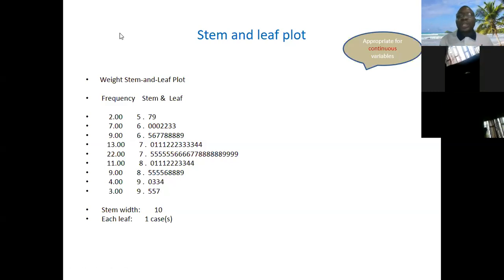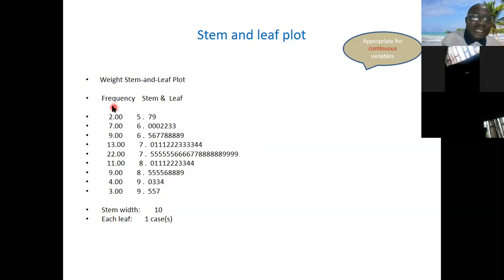So for this one now, let me show this notation. You see it arranged. I said that it's the same thing as the histogram, it's only that this one is tilted sideways. It's sitting on the side, not sitting on the base. So when you look at the base and the frequency, the first one, these 2 mean there are 2 in that category, and those 2 are 57 and 59.